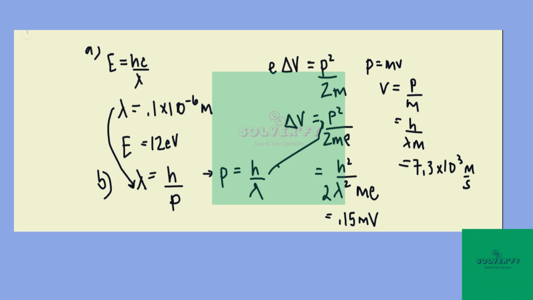Next, if protons were used, we just basically need to redo these calculations by changing the mass to 1.67 times 10 to the minus 27. So I'll go ahead and do that, and maybe I'll put it on a separate page.